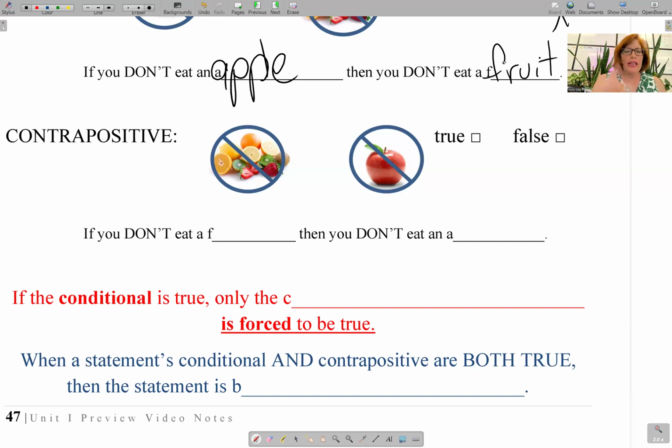Last one is: if you don't eat a fruit, then you don't eat an apple. So if you don't put a piece of fruit in your mouth, you cannot possibly have put an apple in your mouth, and that is true.